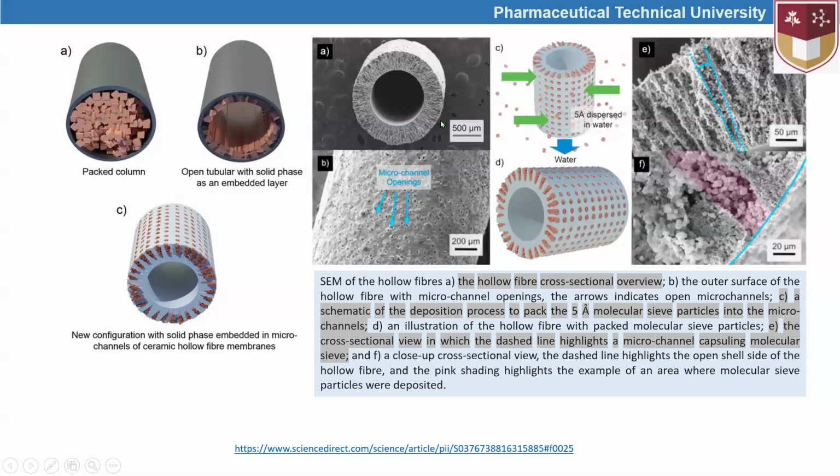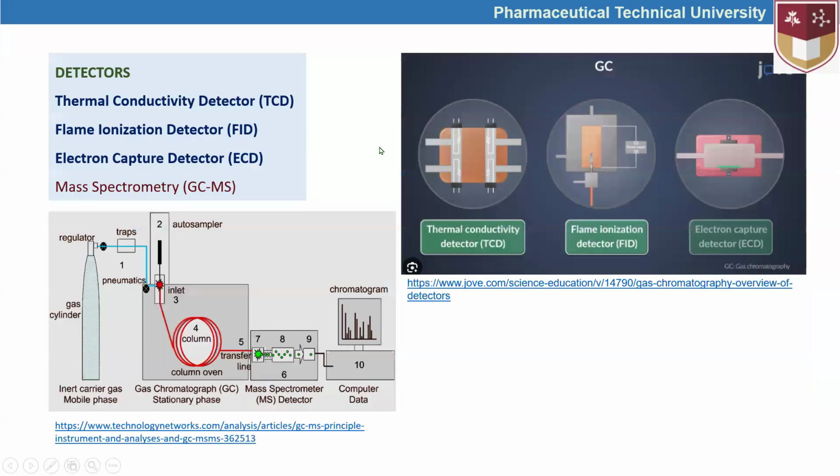So we can observe different kinds of structures in the columns, and they make the compounds move faster or slower. And these are about the detectors.